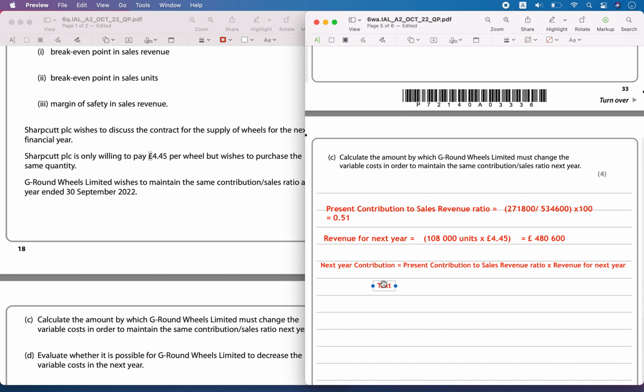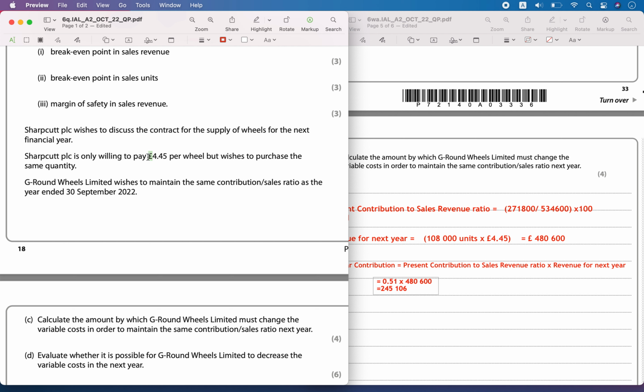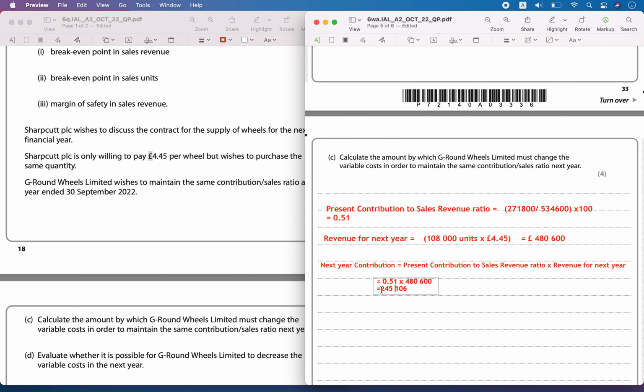So that is 0.51 times 480,600, which gives a contribution of 245,106. I need to maintain this if I have to have the same ratio next year.